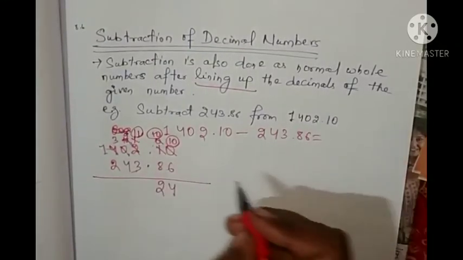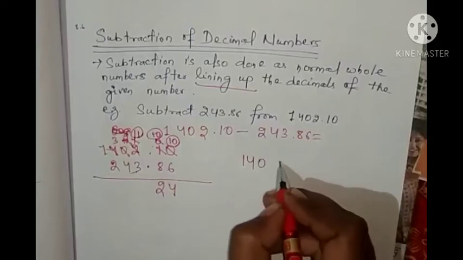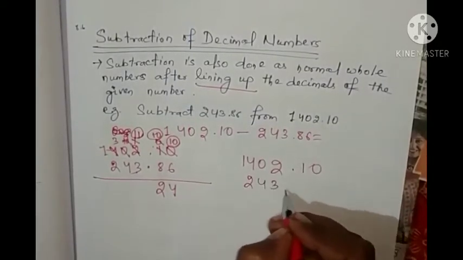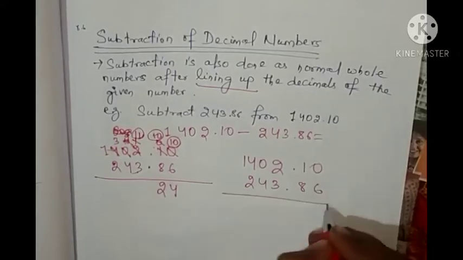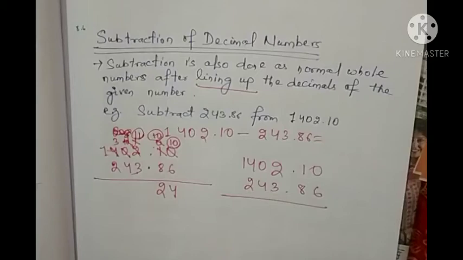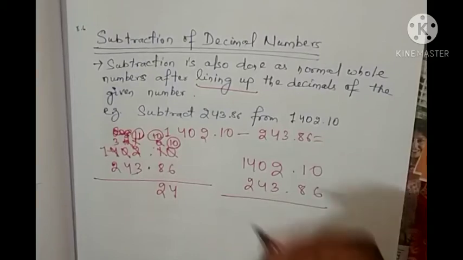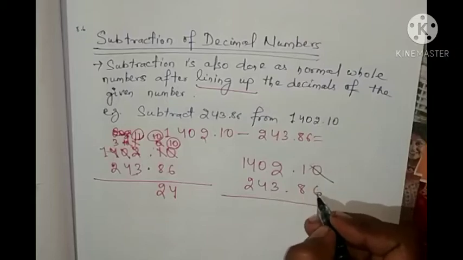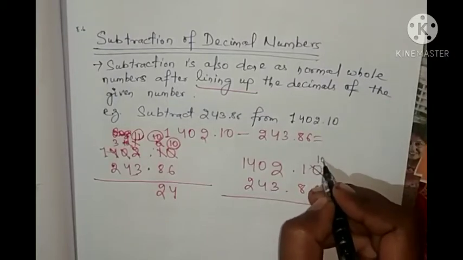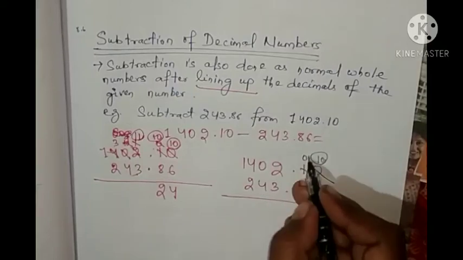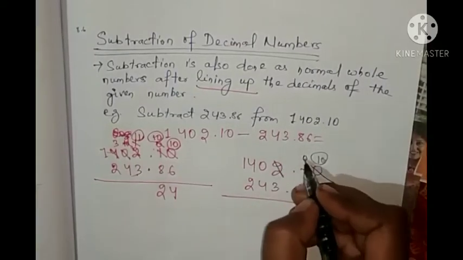I'll write it again. 1402.10, 243.86. Again I am writing, in black pen. So I'll borrow 10 because a smaller number is there. This will become 0. Then you see 0 is there, so I'll borrow.